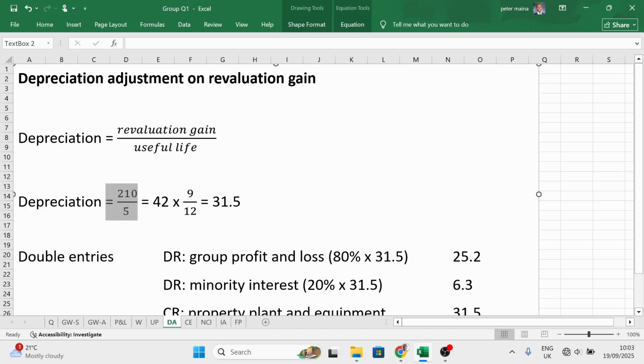So 210 divided by 5 is going to give us 42, and because we have 9 months, we are going to apportion this expense the same way we have been apportioning all the other expenses, by multiplying 42 with 9 over 12 to give us 31.5.